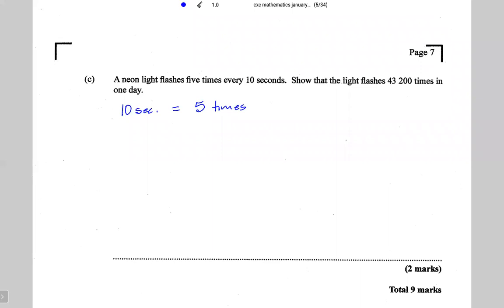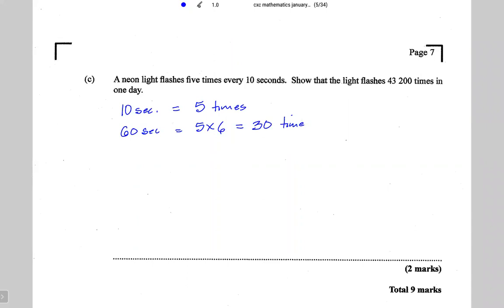Now, what I would do, you can work it up. How much would it flash in a minute? Now, a minute is 60 seconds. So you multiply both sides by 6. So in 60 seconds, which is a minute, it flashes 5 times 6, which is 30 times.